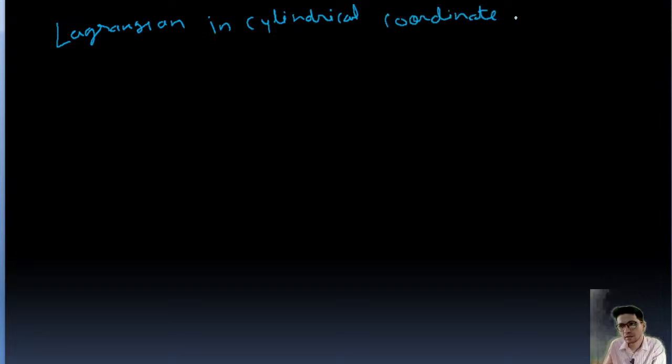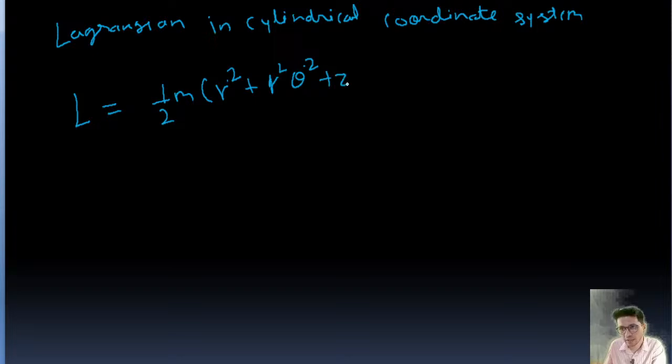We know what the Lagrangian is: L equals half m into r dot square plus r square theta dot square plus z dot square, minus mgz. So this is the Lagrangian, guys.